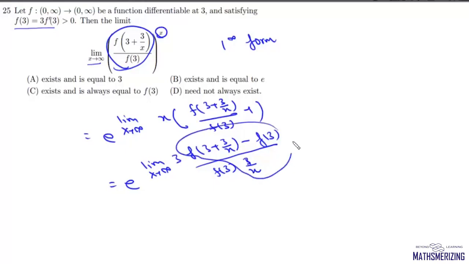Now this is nothing but f(a plus h) minus f(a) upon h, which is the derivative of this function at a. So we can write this as e to the power 3 into f dash 3 by f(3). Now in the question it says 3 into f dash 3 by f(3) is 1. So this value is equal to e to the power 1, which is e. So this limit exists and is equal to e, and that's your option B.